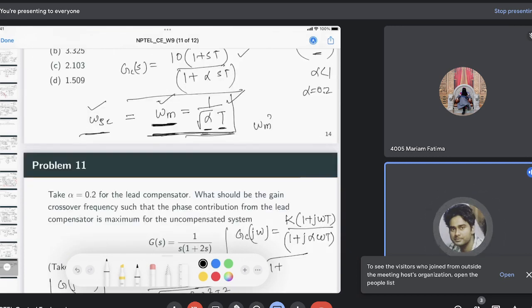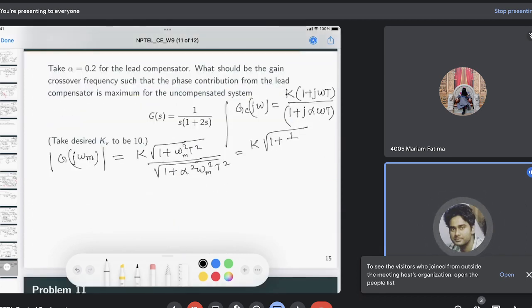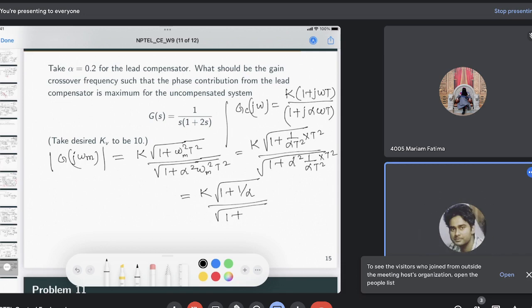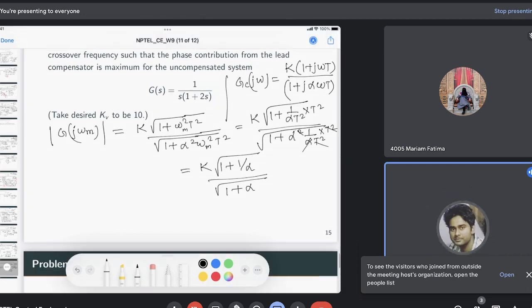So omega m square will be 1 by alpha T square, right? We substitute that, so it will be 1 by alpha T square times T square, and in the denominator alpha square times 1 by alpha T square times T square. So this is equal to K times square root of 1 plus 1 by alpha, by square root of 1 plus alpha. The alpha will cancel, T square will cancel.